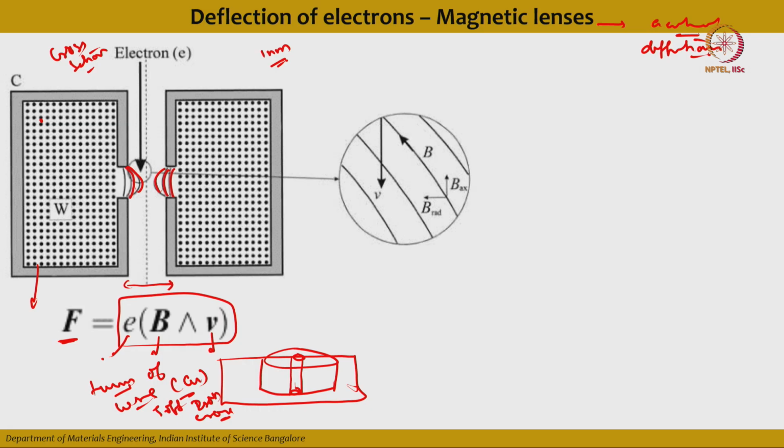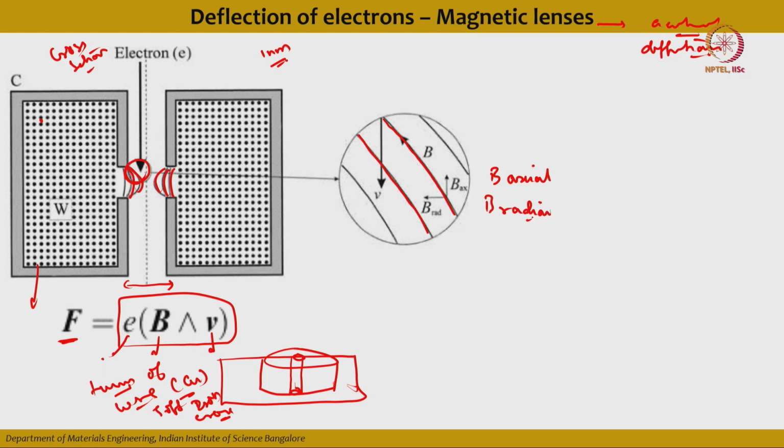So if you zoom in on this particular region, you have a magnetic field direction. These are the magnetic field directions, which are neither horizontal nor vertical, due to which it has certain resultant components: the vertical component is called B axial, and the radial component is called B radial.